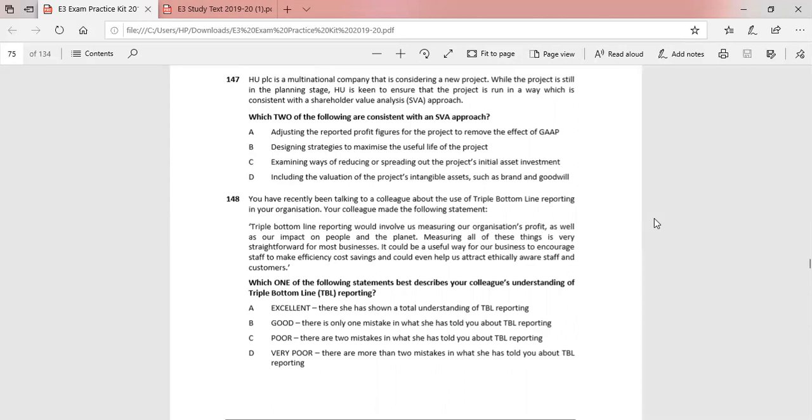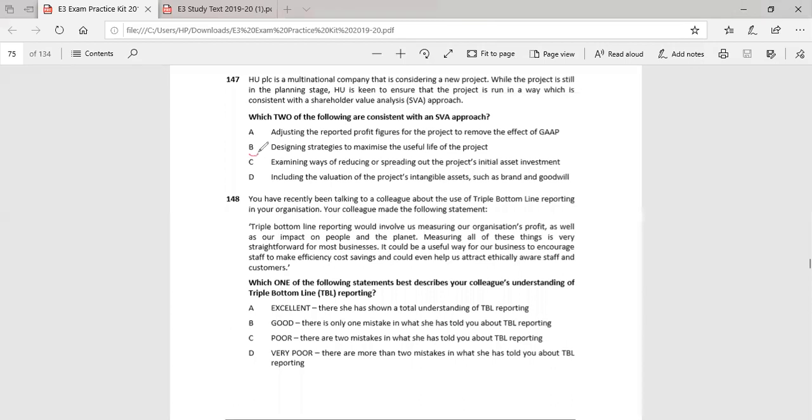Consistent with SVA approach. B and C? Yes, B and C are right.